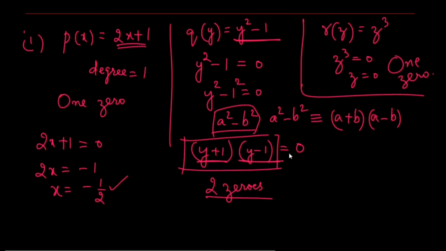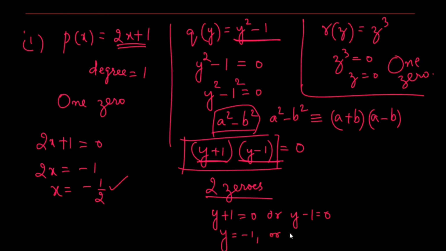Already we have factorized this one. So y plus 1 equal to 0 or y minus 1 is equal to 0. So y is equal to minus 1 or y is equal to 1. So minus 1 and 1 are the zeros of y square minus 1.